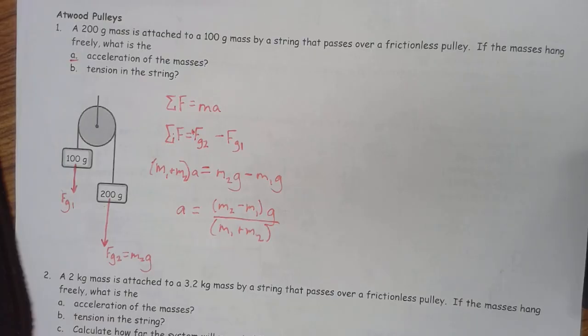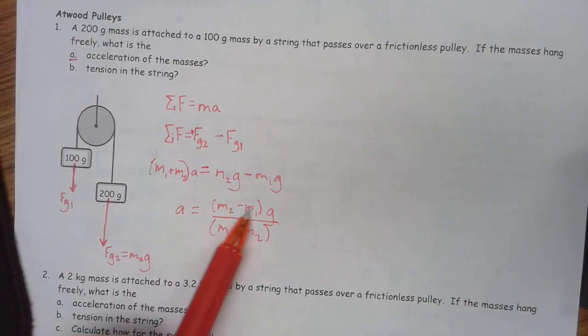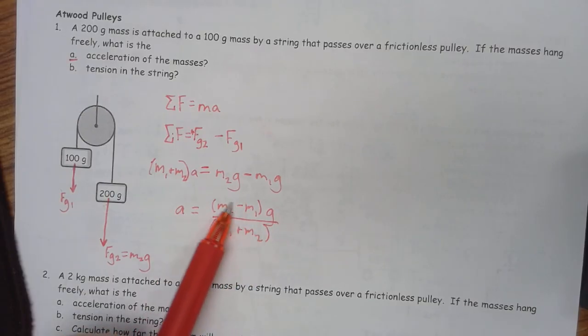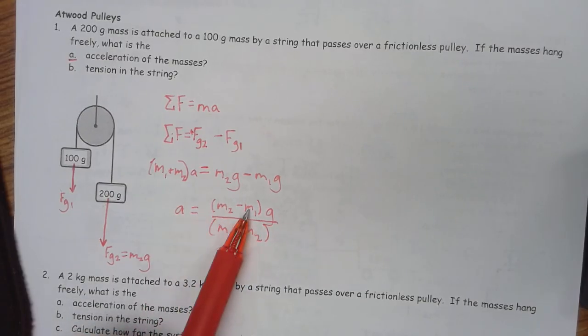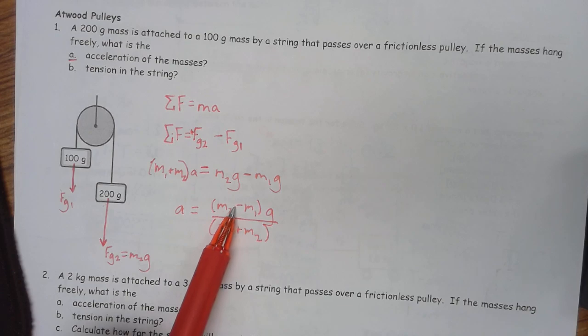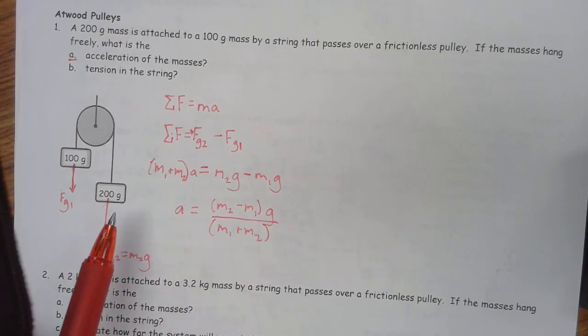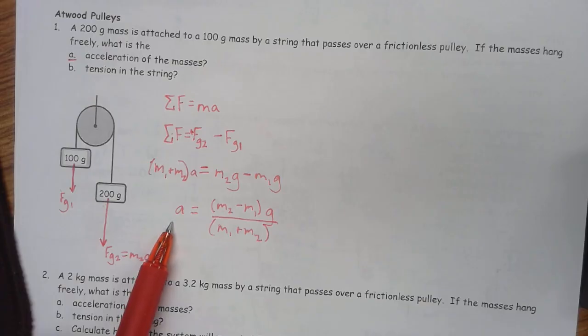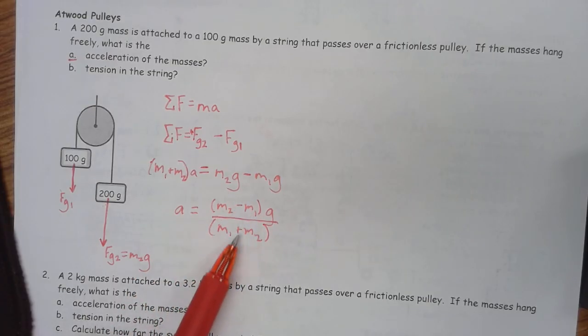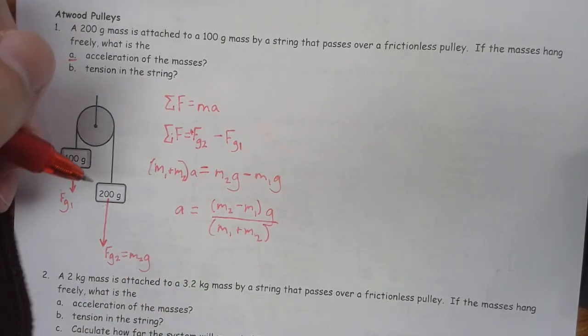And in the midterm, I like to say it this way, that the difference in forces, right, because the masses are working against each other times gravity, so the difference in forces, or the net force, divided by the total mass gives me acceleration. Good. That's what we're saying. The net force divided by the total mass gives me my acceleration. And so it still works out just fine.